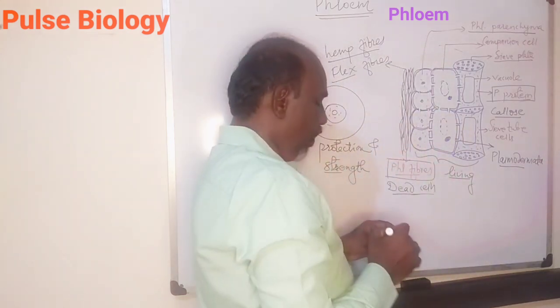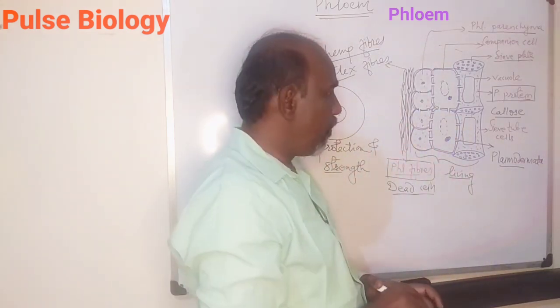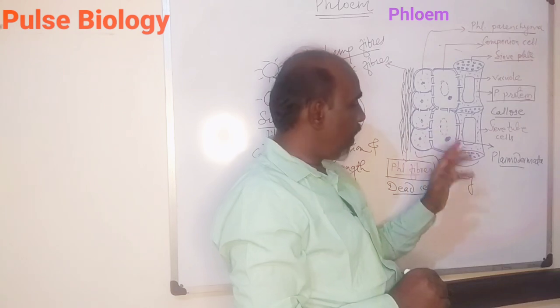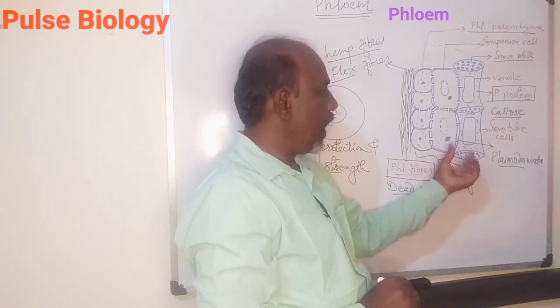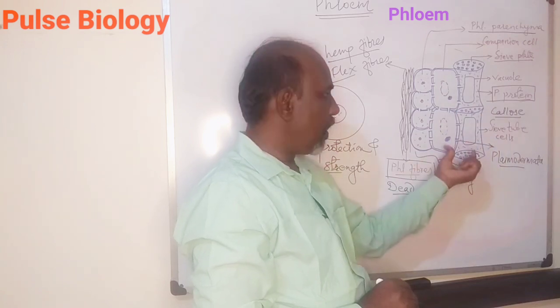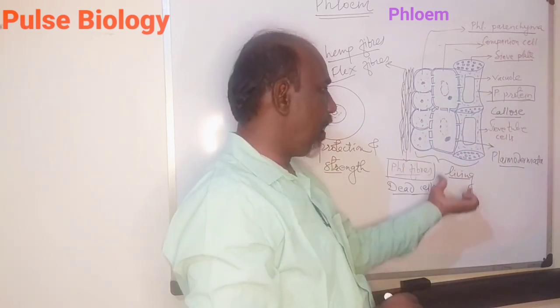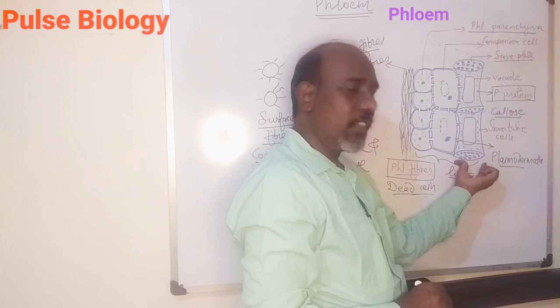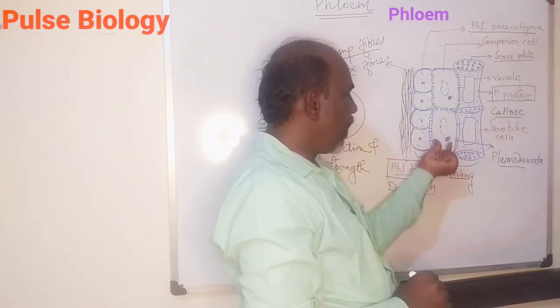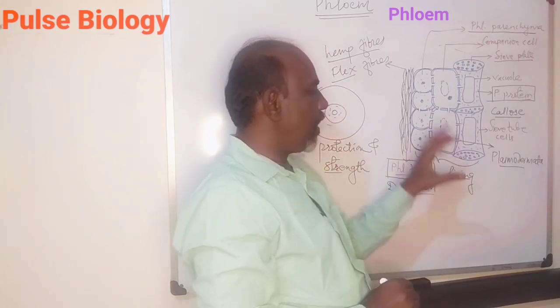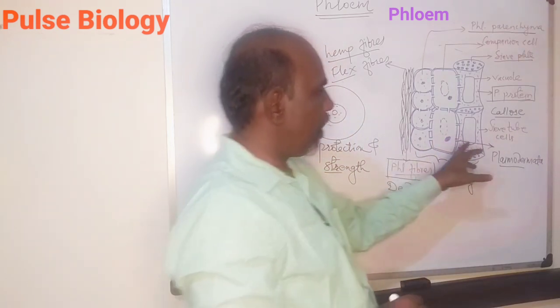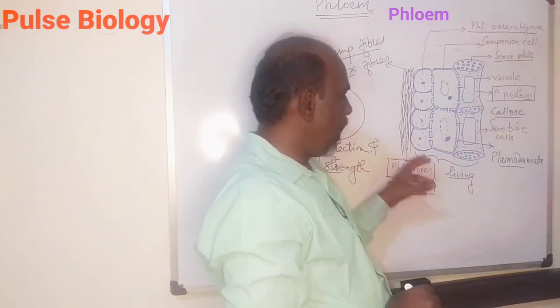So from the point of view of the exam, what is important here? Sieve plate is part of the sieve tube cell, and these cells are placed one above another and form a column, and this is the major conducting cell of the phloem. Companion cells are placed aside from all sides and they provide the information for the metabolic activity of this cell.